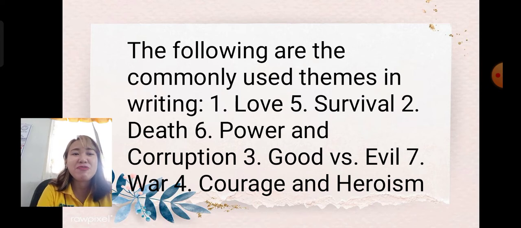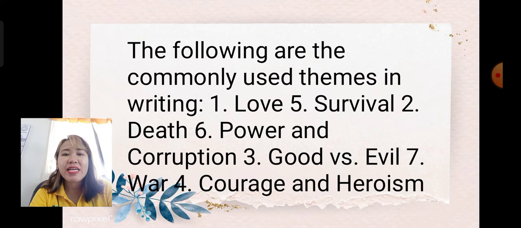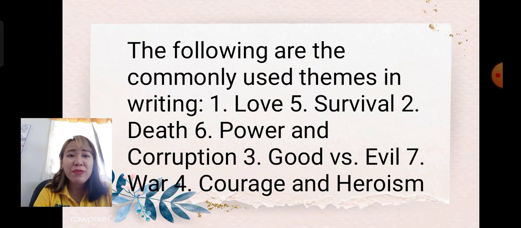So, yun yung usually, these are the commonly used themes in writing a story. So, kayo kaya, once you create or make your own story, or gagawa kayo ng isang libro ng mga stories, so ano kaya ang tema ng inyong storya?